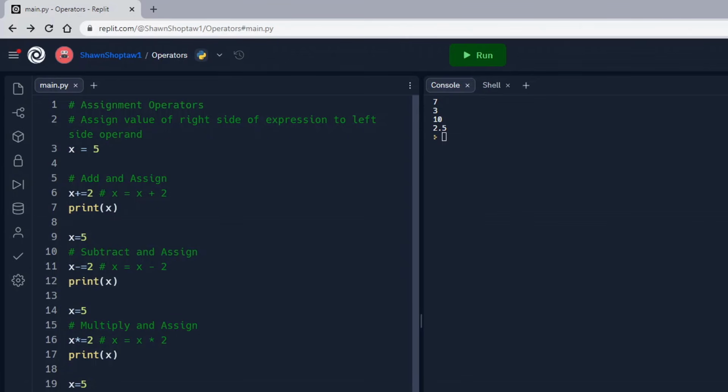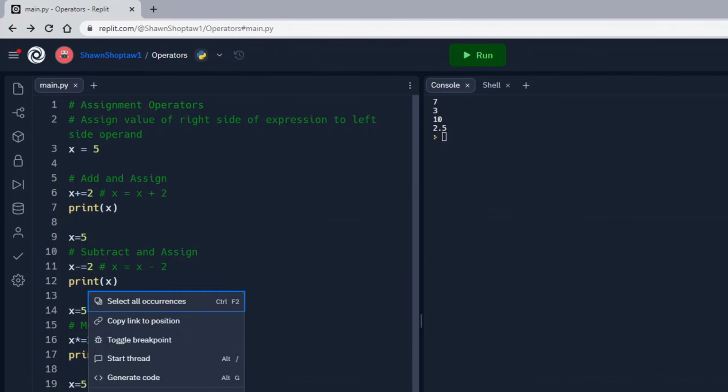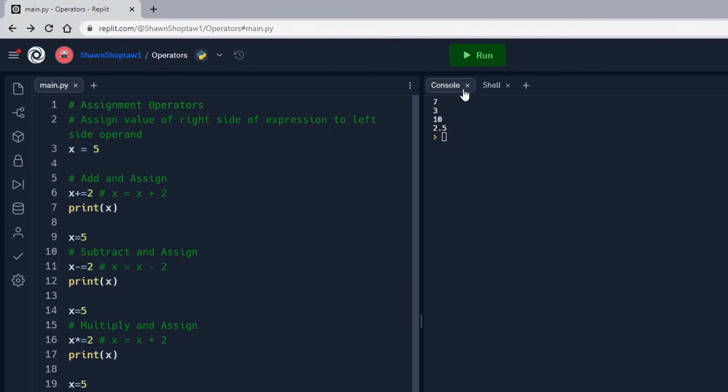And then we have a modulus and assign. And as you can see, this just keeps going and going. So any mathematical function that we have, we can use the assignment operators with.